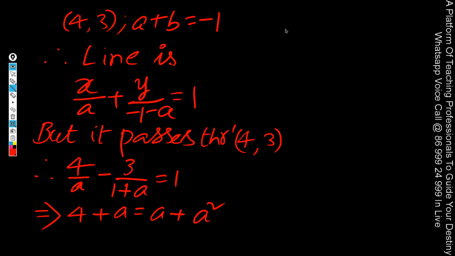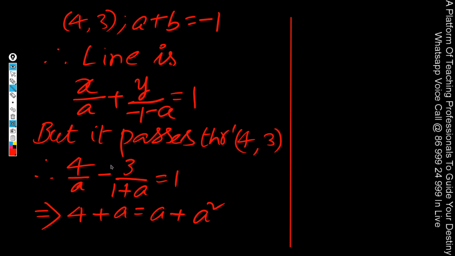On the other side. That is, a quadratic is formed here, which is, you got a is equal to plus or minus 2.